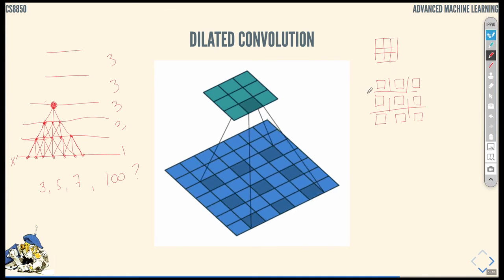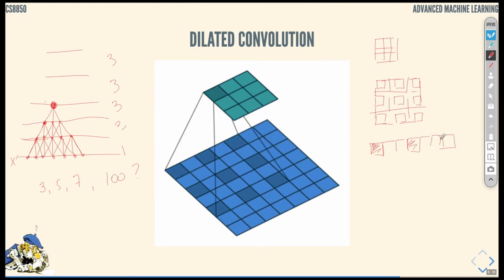So now our network sees a 5 by 5 receptive field. Field of view of this neuron is 5 by 5, but it still uses the same 9 parameters as before. If we dilate a little more, leaving the gap of 2, then we see 7 by 7, and yet still using just 9 parameters.